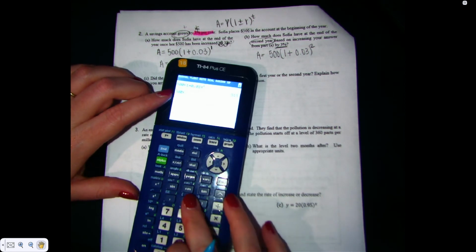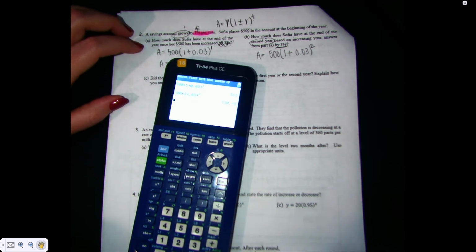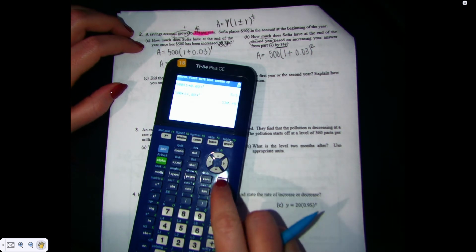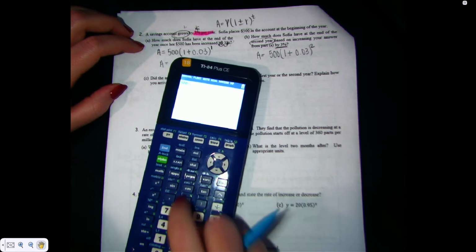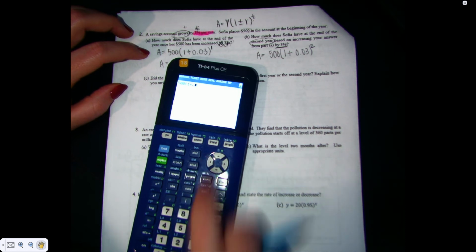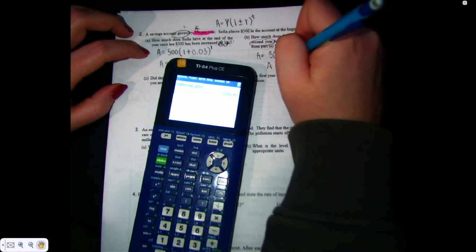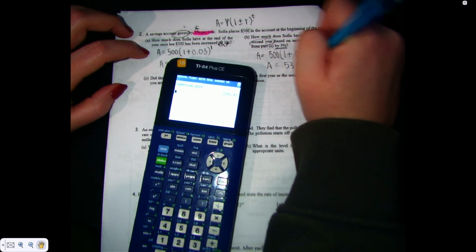Okay, so now I'm just going to do the same thing. 500, parenthesis 1 plus 0.03 raised to the second power. Okay, so I'm going to get 500, sorry, I think I screwed that up. 1 plus 0.03 squared. Okay, so I'm going to get her amount is $530.45.